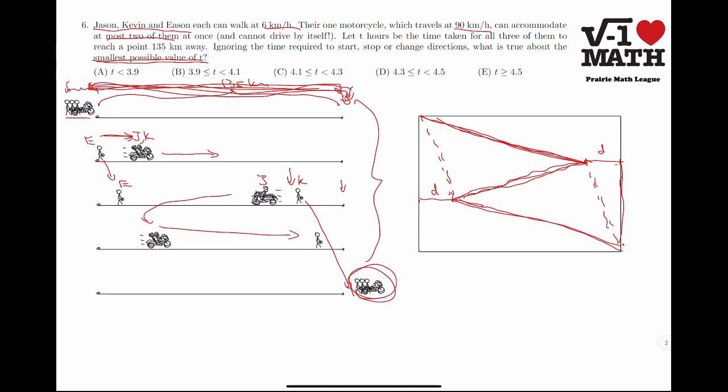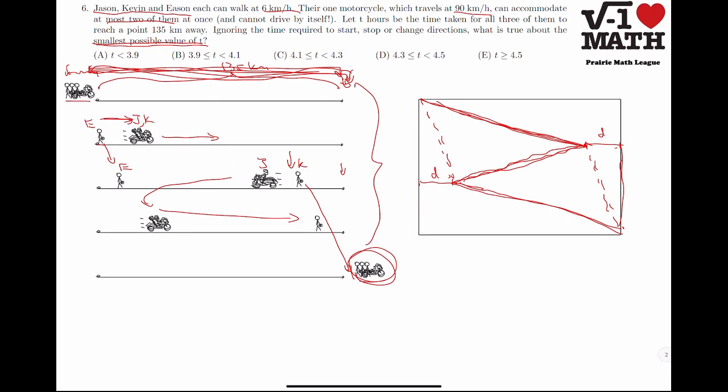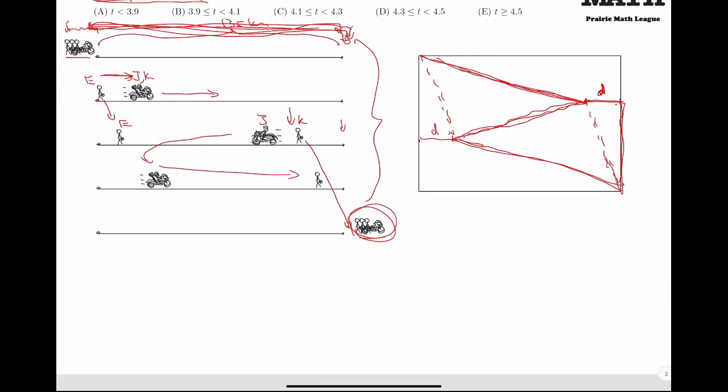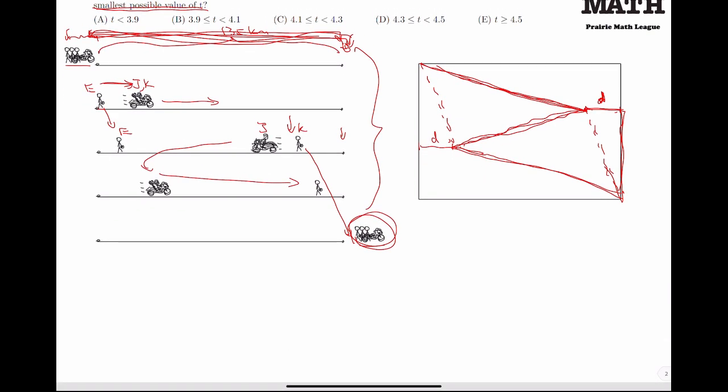And now we can solve for the amount of time, or specifically for d. So the way we're going to do this is by taking this total time. Jason is going to be the one who's on the motorcycle all the way.